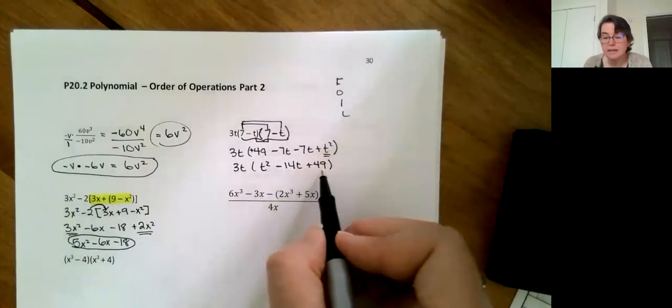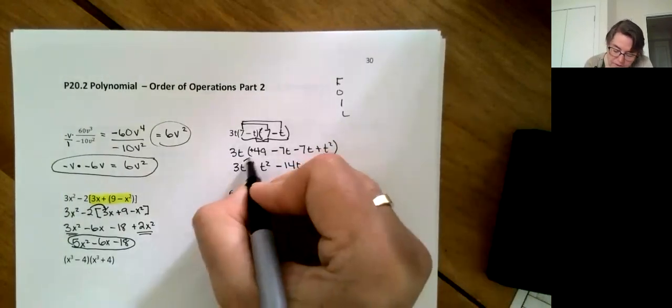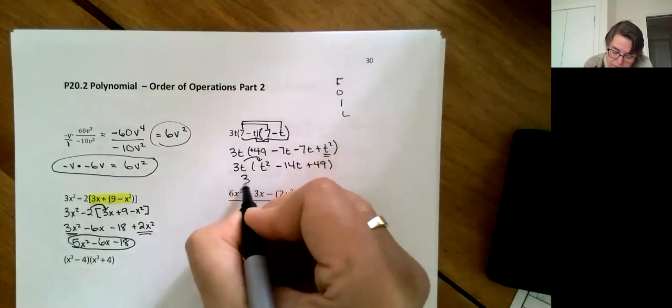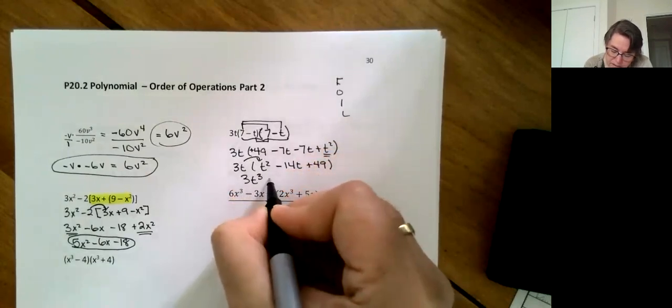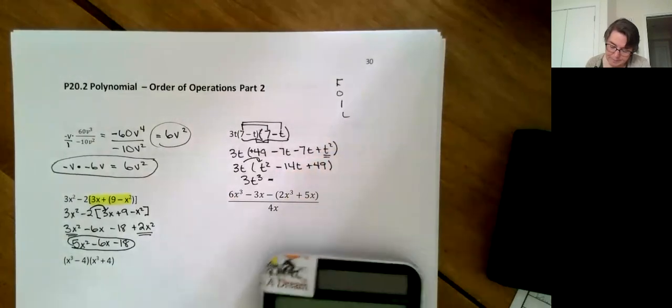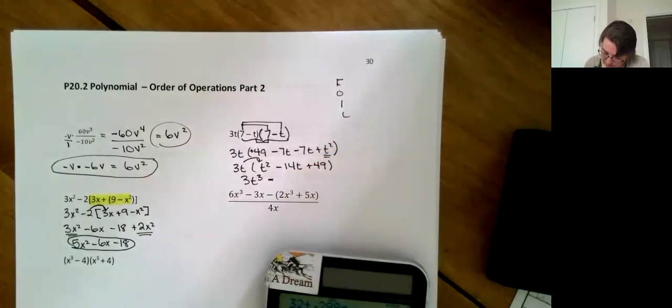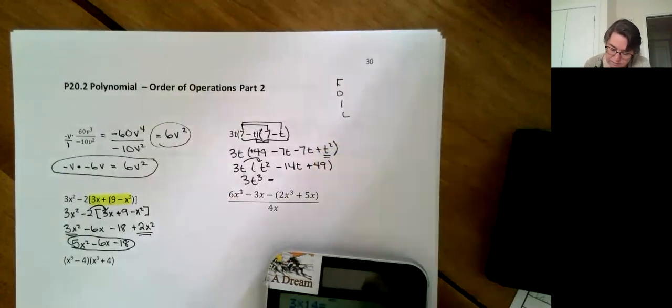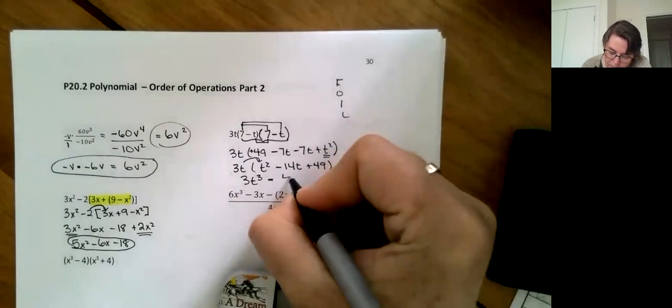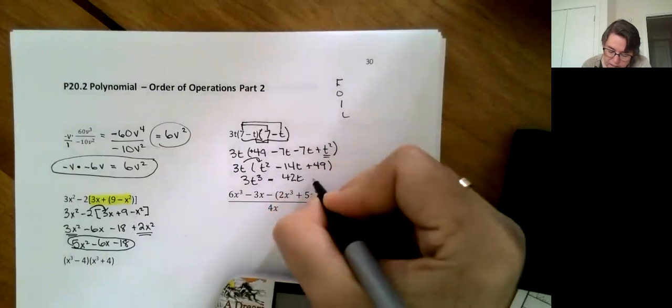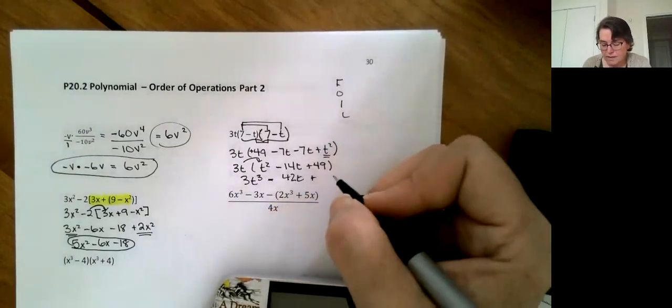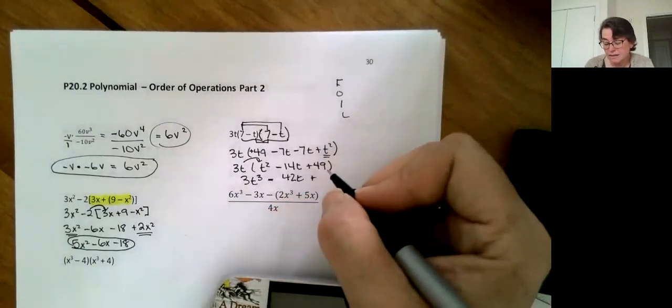So I can't do anything else in my bracket. So now I can distribute. So 3t to the third, minus maybe 42, maybe not. 3 times 14. Woohoo! 42t, plus, okay, 3 times 49, that's like 3 times 50.